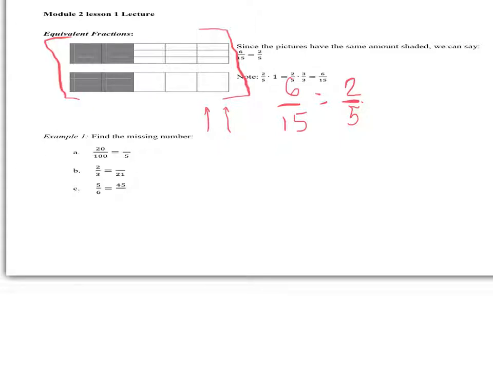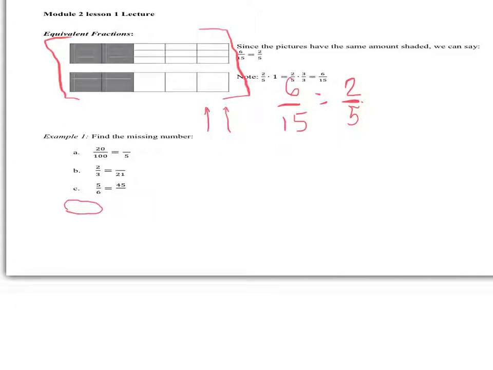Now, looking at the examples where we need to find the missing number to write equivalent fractions, where we would start here is noticing how the denominators in part A differ. 20 over 100 is the same as blank over 5. If I focus first on the denominators, 100 and 5 differ by a factor of 20.